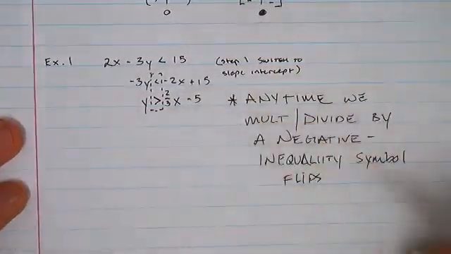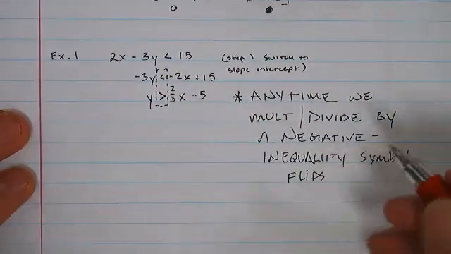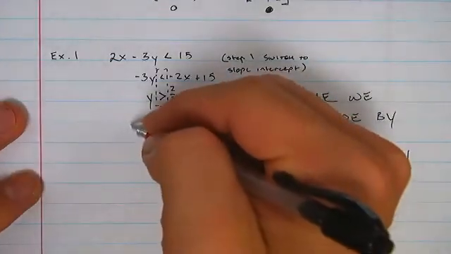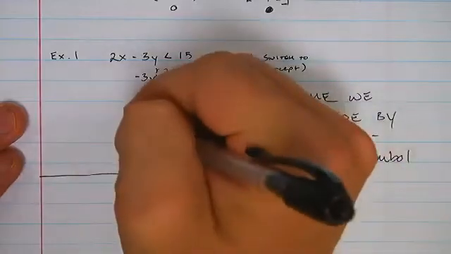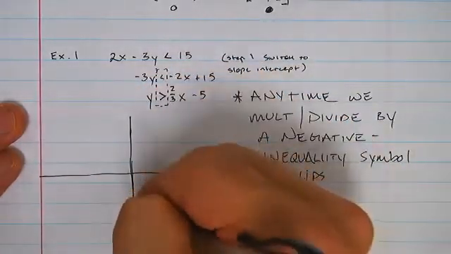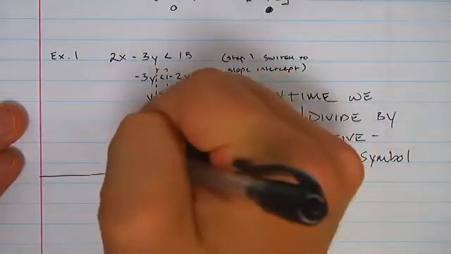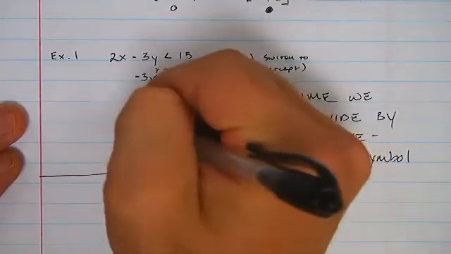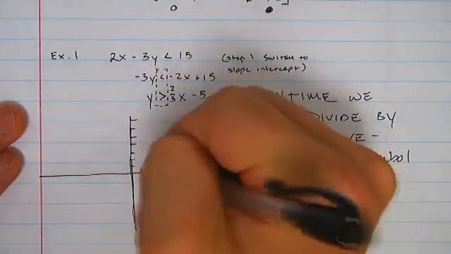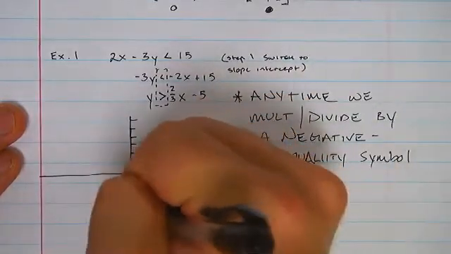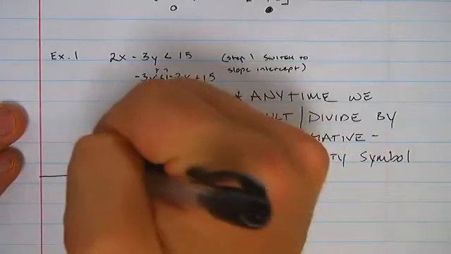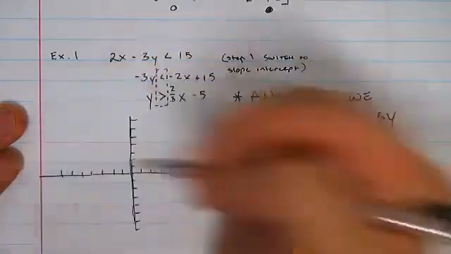We're going to graph it just like it was a linear equation, but we're going to have some additional steps here, okay? So we're going to have the same graph. All right, got 1, 2, 3, 4, 5, 6, 7 in each direction.